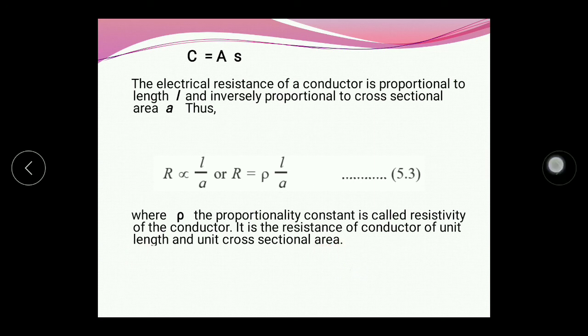R will be equal to rho into L upon A. This is the formula we got. Understood? So remember that formula, R equal to rho into L upon A. R is resistance and G is equal to 1 upon R.